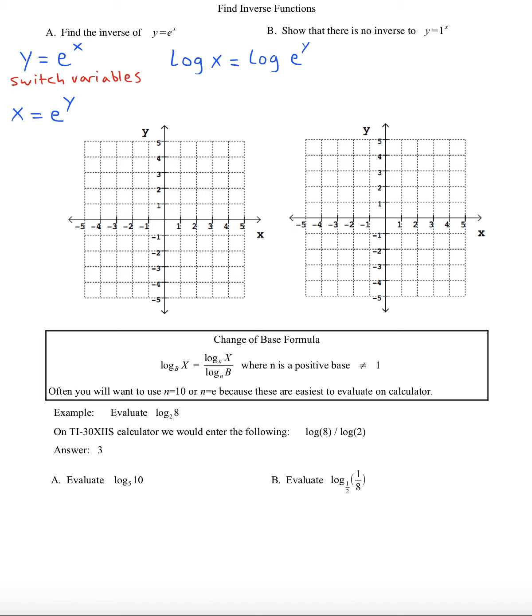Now we get to decide what base we want to use with this log. If no base is specified, then it's assumed that the base is 10. But we would rather have a different base. The best base to choose here is actually e.